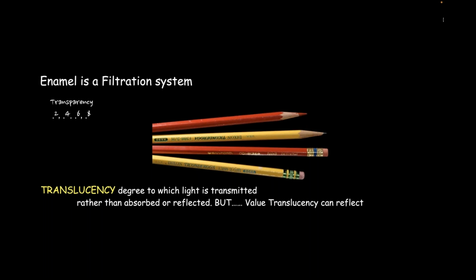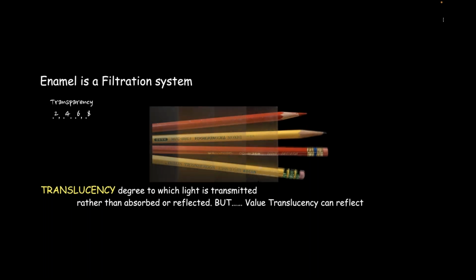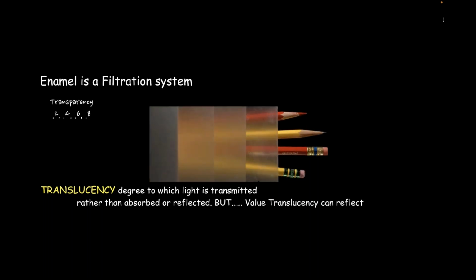What I'm going to do with those materials is make them in different thicknesses: 0.2 of a millimeter, 0.4, 0.6, and 0.8 of a millimeter. When I cover over these yellows and colors that you see, watch what tends to happen. The first thing you should notice is that the most translucent material does lose value, right? Yes, I'm muting the yellow down, and I'm almost creating a slight grayish window to it.